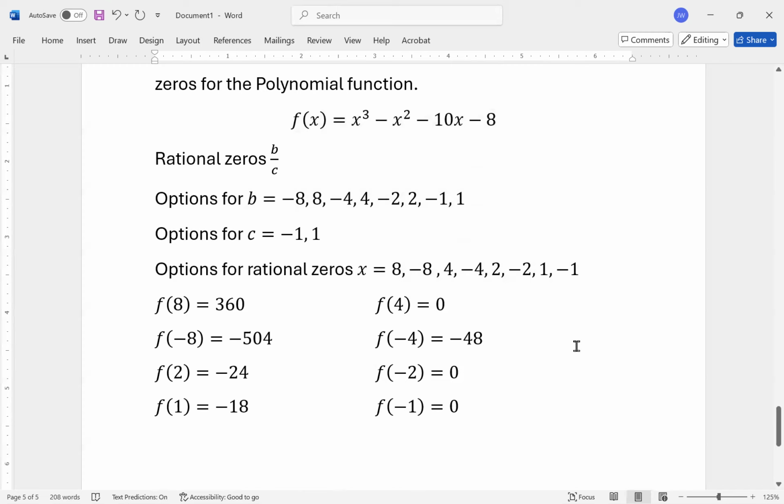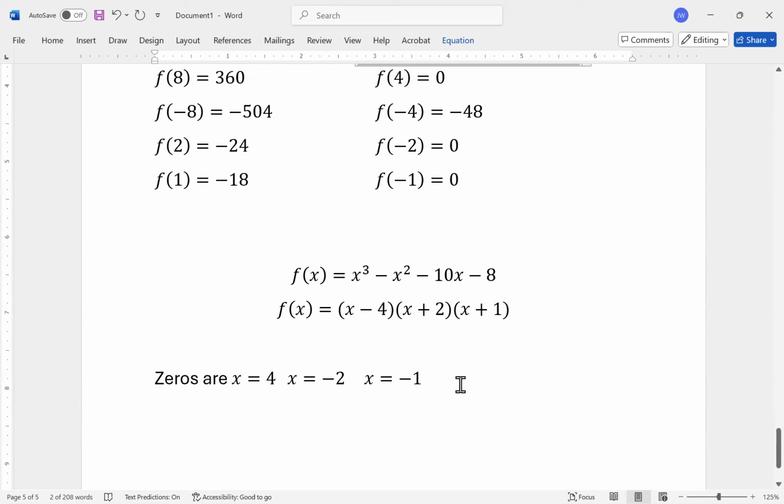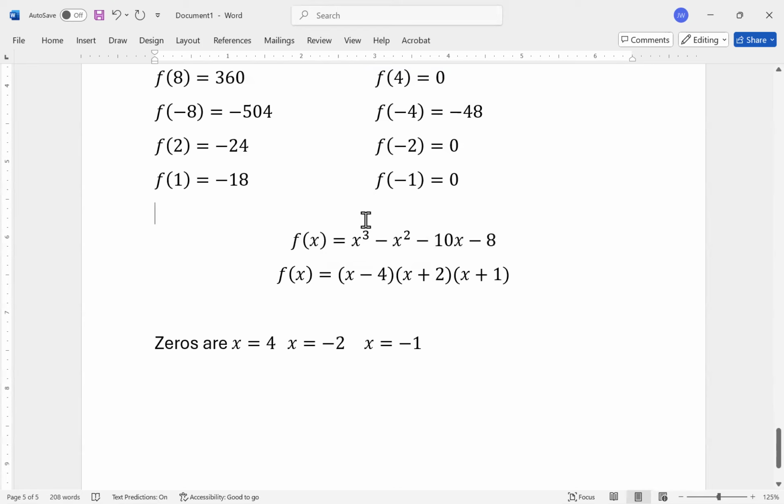So the rational zeros theorem narrows down our options for the rational zeros. We plug those in, see which ones give a 0. In this case, all 3 of my zeros were rational numbers. In other cases, you might only get 1 or 2 zeros being rational numbers.